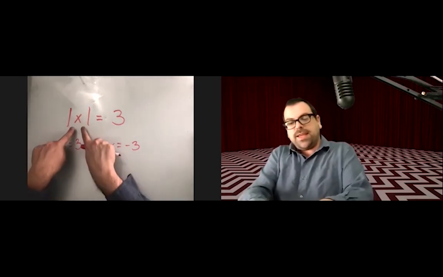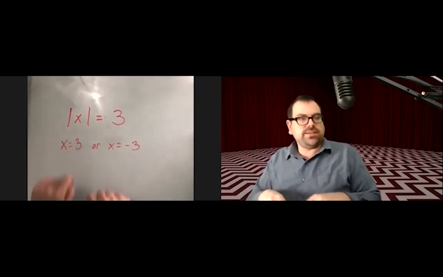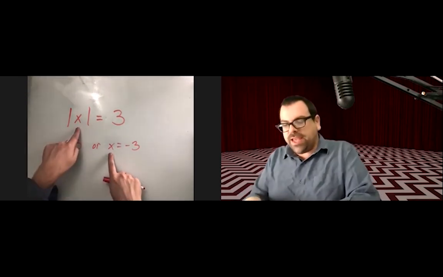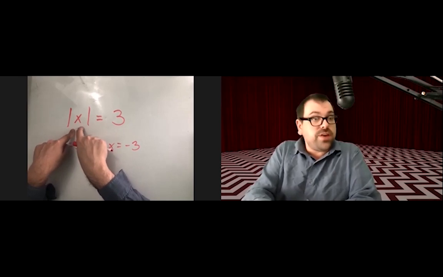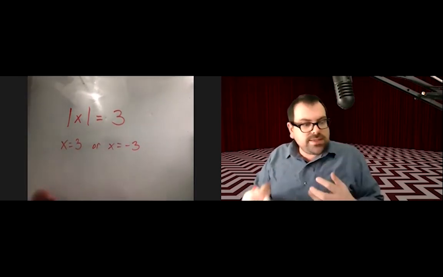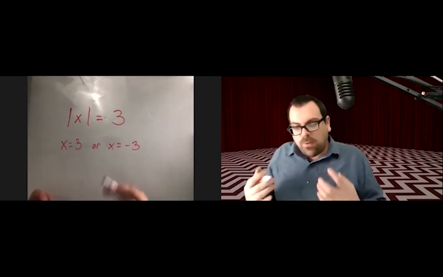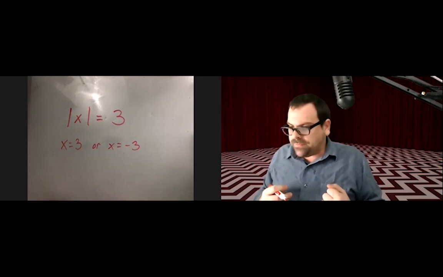In other words, the thing inside could be 3 because the absolute value of 3 is 3. But the thing inside could also be negative 3 because the absolute value of negative 3 is 3. And this is going to be our strategy, how we think about solving these absolute value problems.